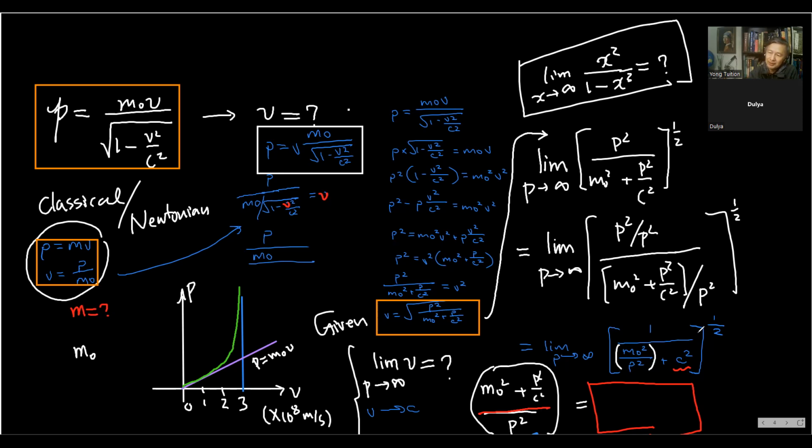So this term is right. This term is not right. This is wrong. Can you try from here? Can you divide each term by P squared? So it's M squared over P squared. That's correct. Yes. Oh, would it be 1 over C squared? Correct. This time it is correct.